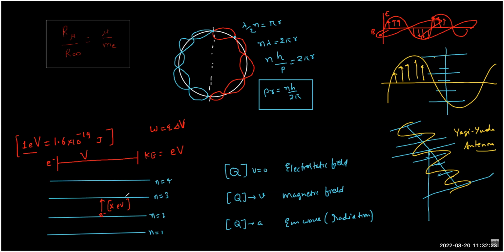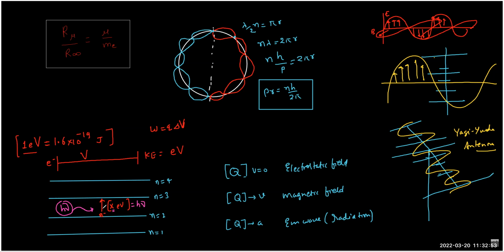How will this be possible? Electrons are part of the atom, and you cannot supply energy directly to the atom, so we supply it in terms of waves. We supply photons. If the photon has exactly the same energy difference, if h nu equals x eV, then the electron will make this transition.